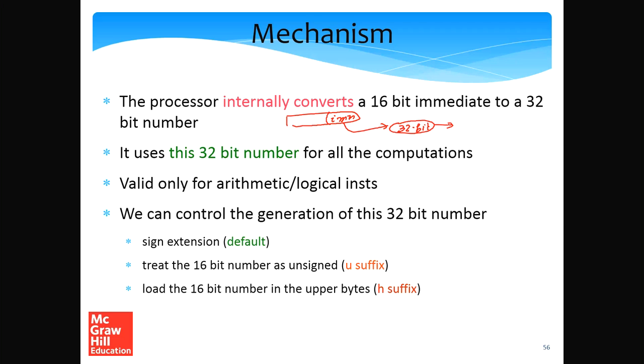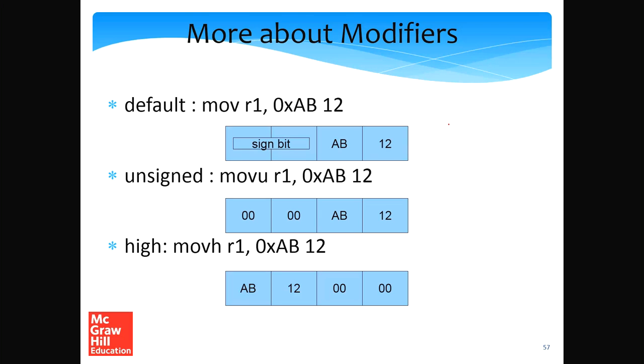For all arithmetic logical computations, this 32-bit immediate would be used. So we can control the generation of this 32-bit number internally. The default is sign extension, but we can treat the 16-bit number as unsigned with a U suffix or load it in the upper 2 bytes, the most significant 2 bytes, with the H suffix.